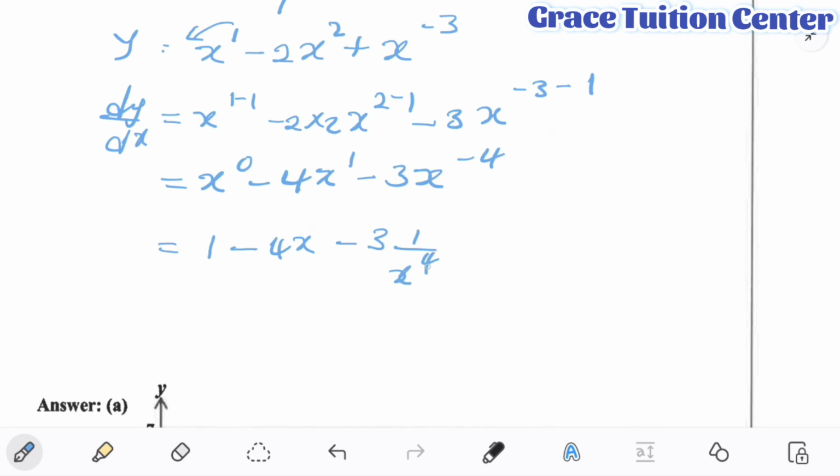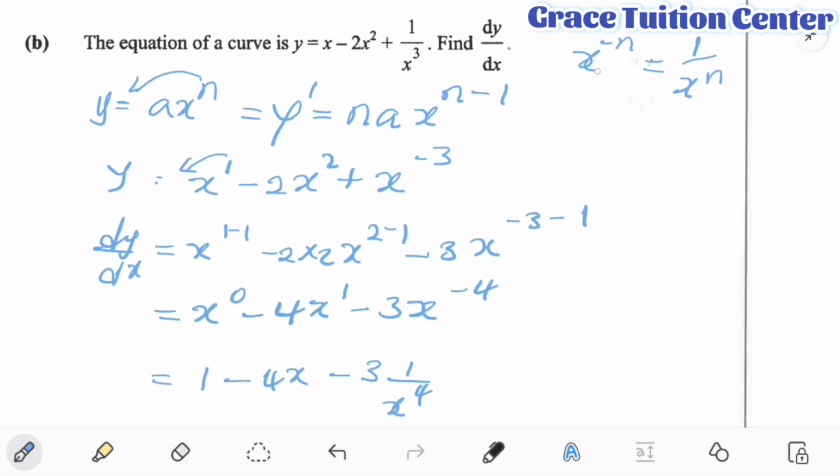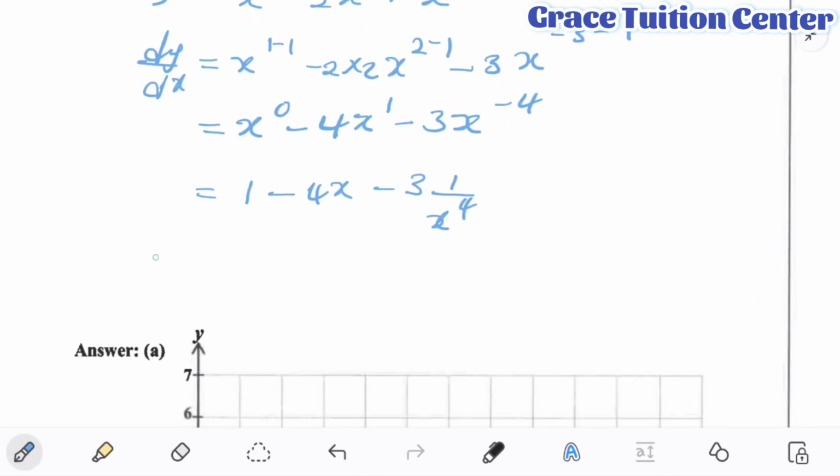The 4 becomes positive once it goes down there using this rule here. This is a rule of indices. So we can confidently say then our dy/dx is 1 minus 4x minus 3 over x to the power 4, dx.